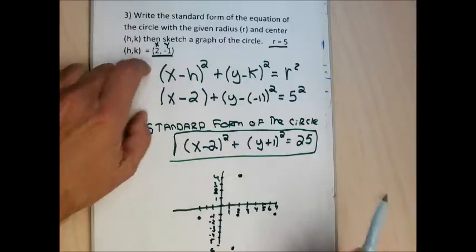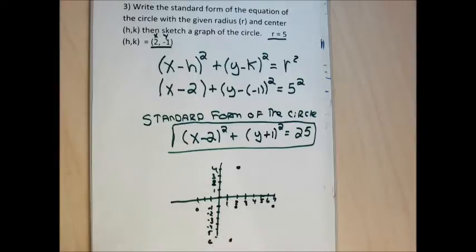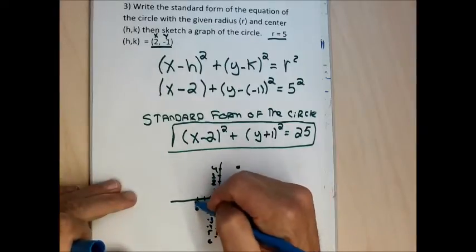I'm going to mark a bunch of dots, and then I'm going to, the best I can, and you know I can't do that so well, connect these dots with something that looks like a circle.